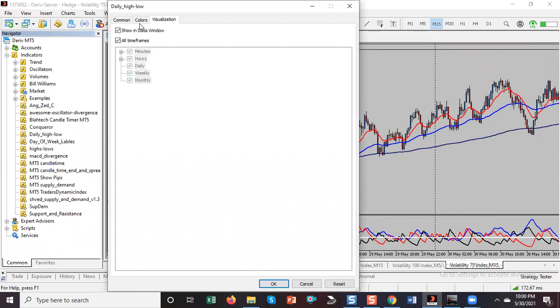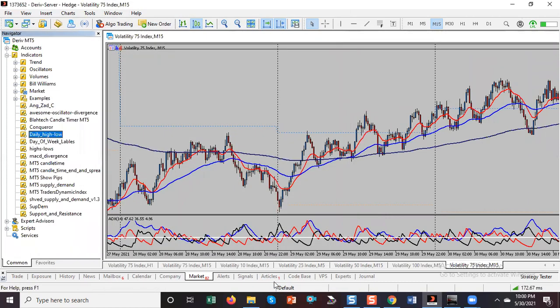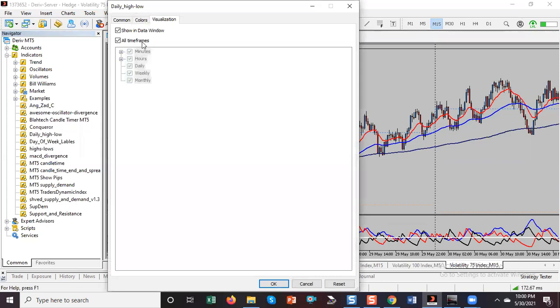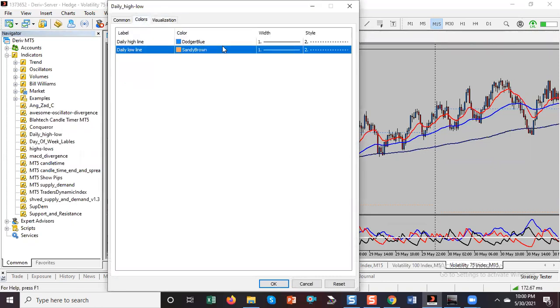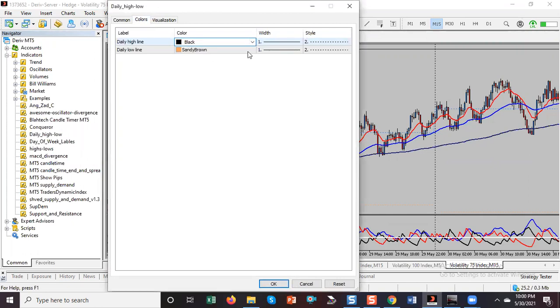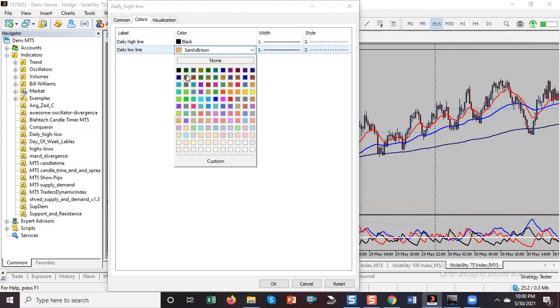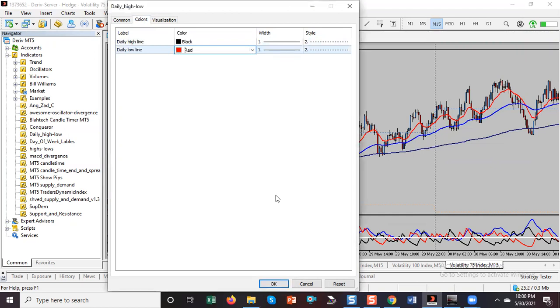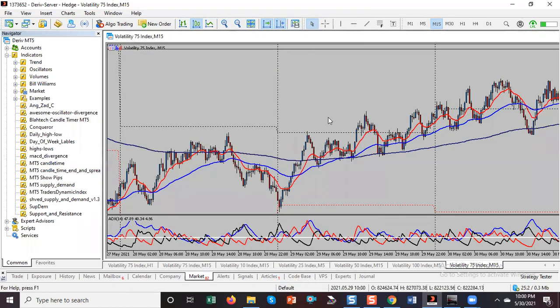All right, so I have my daily high and low, but let me check the color. I'll use black here, and this one could be red. Okay, so we are set to go.